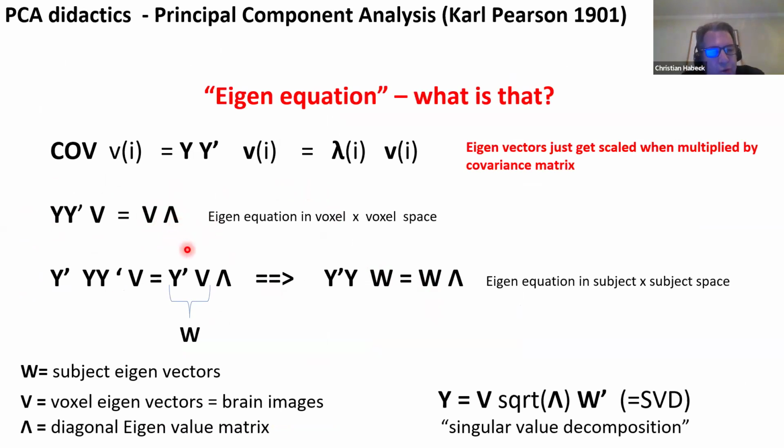So now what I can do, I can take my data matrix and transpose it and multiply it from the left. And when you do this multiplication, you ultimately get this eigenequation. And now you have the covariance matrix not in the voxel space, but in the subject by subject space. That's this thing here. And W, these are the eigenvectors in the subject space. So if you have, say, 100 subjects, these eigenvectors will have 100 rows. That will be the actual vector.